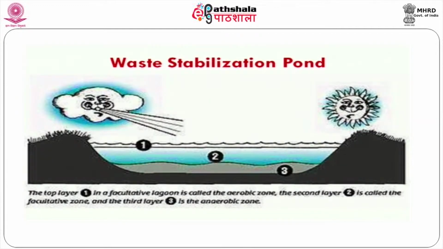If we investigate the performance of this pond, we can find three different types of layer. One is the aerobic layer, the second one is the fluctuating layer, this is the facultative zone. The bottommost region is the anaerobic zone because of the huge deposition of suspended matter present in the effluent wastewater. The top layer is strictly aerobic in nature because an adequate quantity of oxygen will be liberated during photosynthetic action as well as wind action.